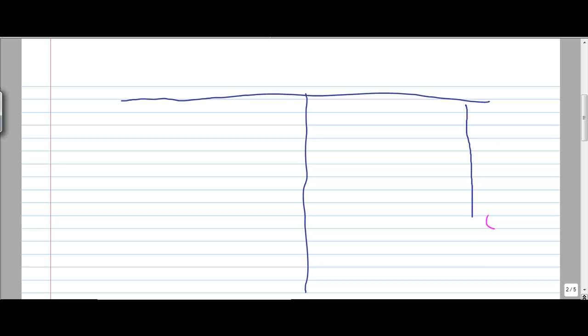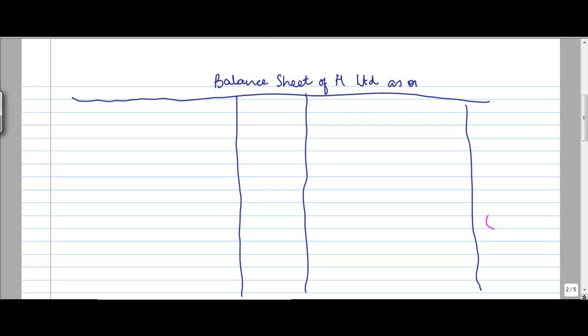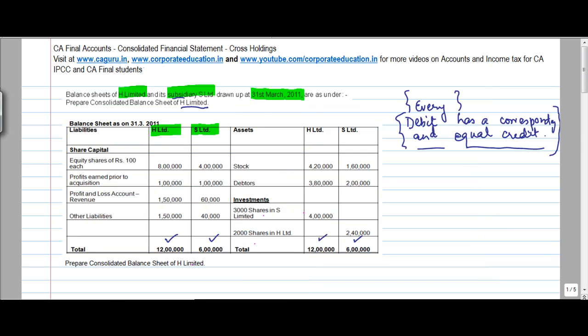Let's say, forgive me for these lines, the balance sheet of H Limited as on 31/3/2011. The first item was stock.